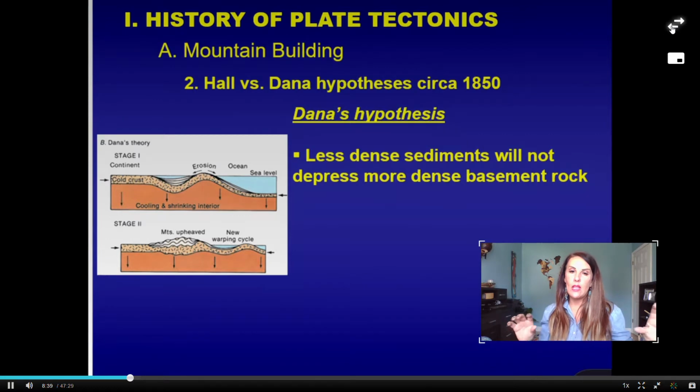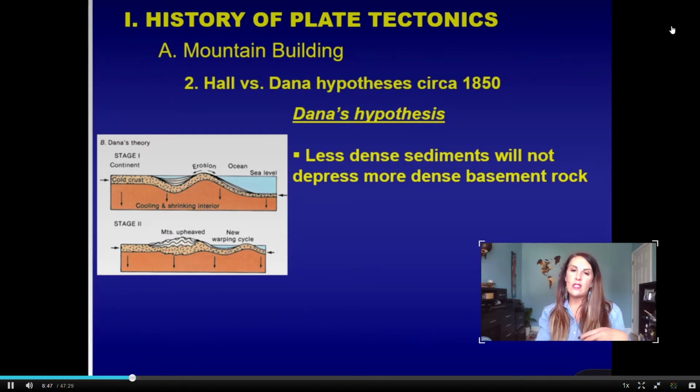which is different than what Dana was suggesting. Dana's suggesting that the less dense sediments will not depress the more dense basement rock. And so instead, you must have some type of compressional forces to cause the uplift.